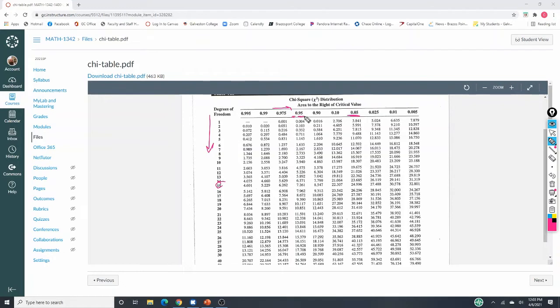We just need to go down to where that 15 is, this bottom one here. For the 0.95, we're going to get 7.261. That would be our lower. And then our upper would be 24.996. So we have both those values. All right, so that's how we read our table.